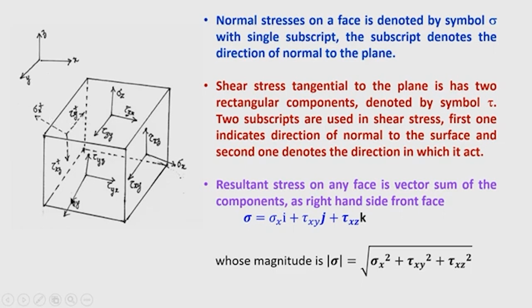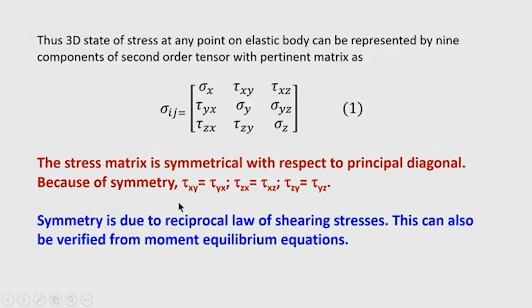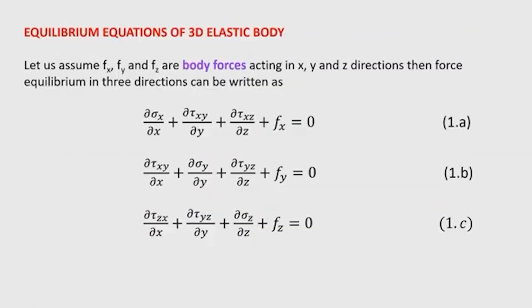Similarly, the incremental quantity on the other face for sigma y can be written as sigma y plus del sigma y by del y into dy. So, all the incremental quantities can be written, and then if I sum up the forces in each direction, that is x, y, z direction, I will arrive at these 3 equilibrium equations.